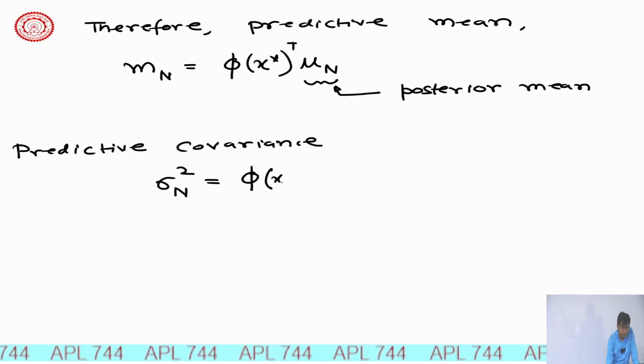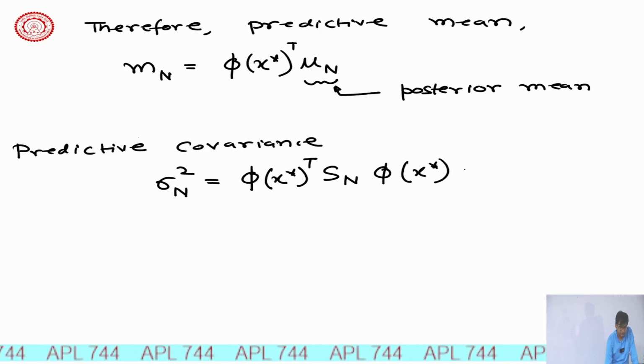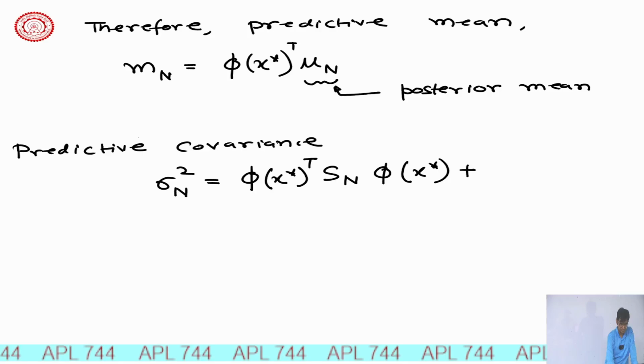Phi of X star transpose Sn phi of X star plus L inverse. What is L inverse? Beta inverse. Now, will it be beta inverse or beta inverse I?